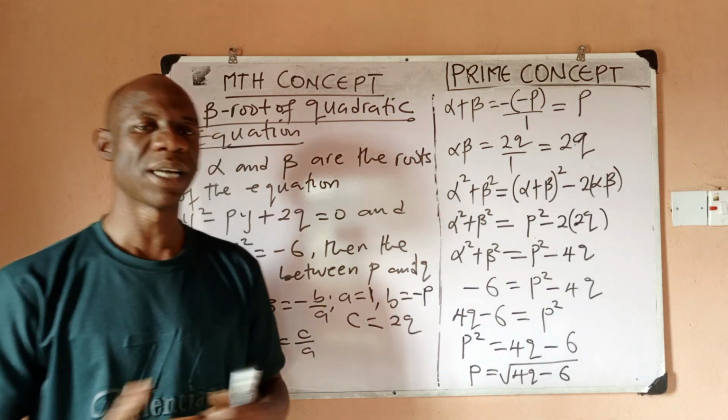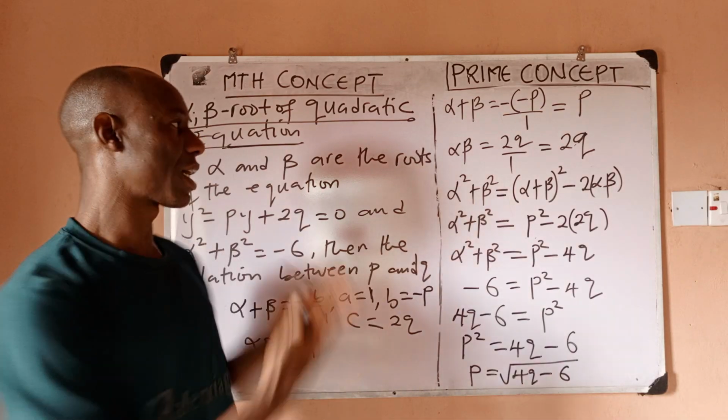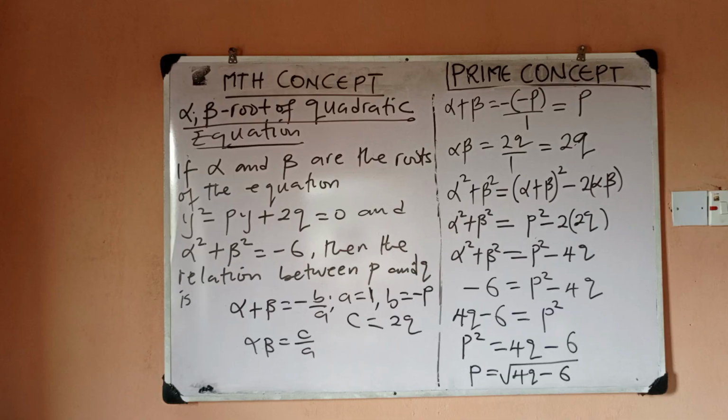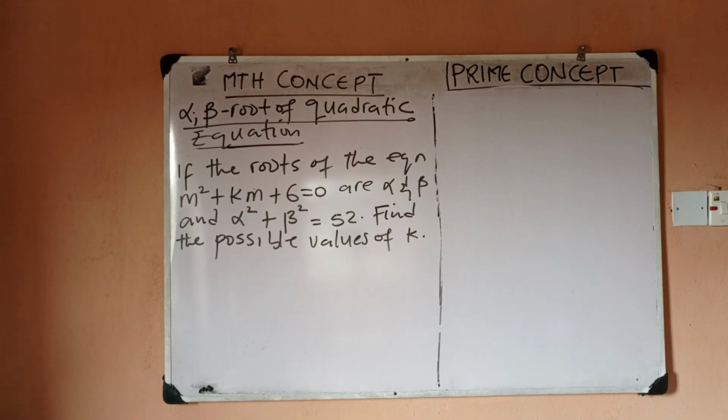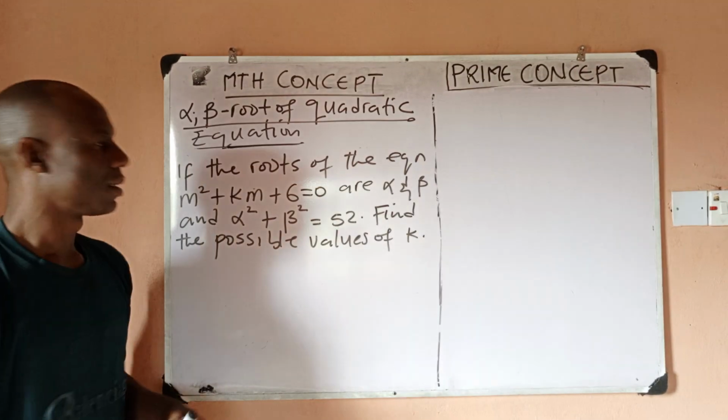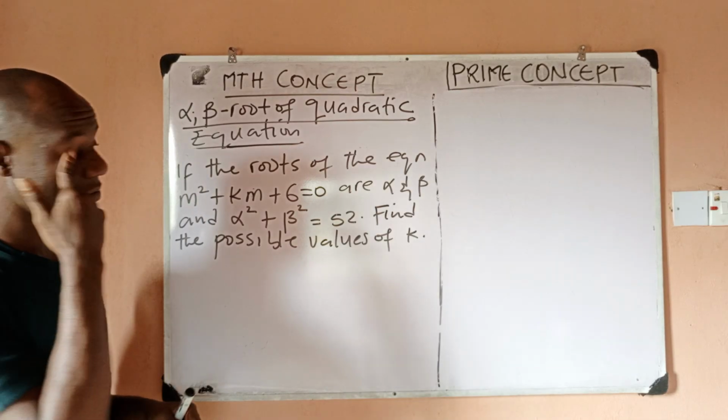Now let's consider number 2, a random question that can come from alpha beta. Again, let me drop it. Now I want to also see this particular problem. Let's see how to solve this very quickly.